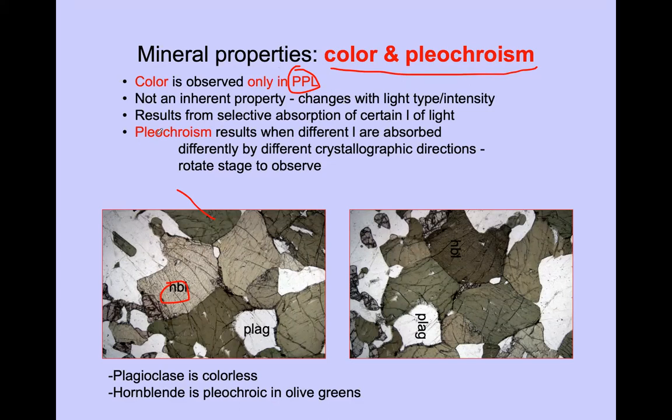The other feature is pleochroism. Pleochroism means what you see when you rotate the stage under the PPL. Previously we saw the rotation of the stage with the second polarizer also inserted. But now we are going to rotate the stage with the lower polarizer only, the first polarizer only.